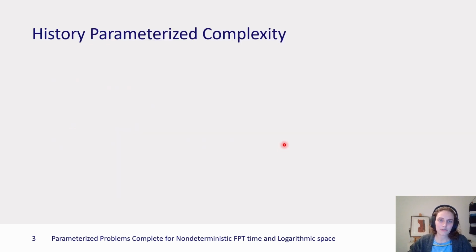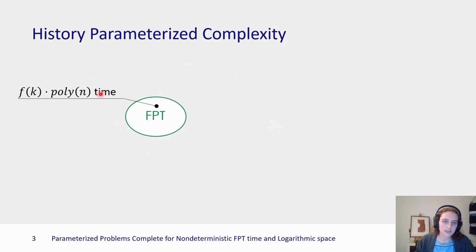Some history of parameterized complexity. So the idea of parameterized complexity is that we study problems that are NP-hard, so they're hard to solve. However, we hope that if we fix some parameter, then the problem is easier to solve. So the smaller the parameter is, the faster an algorithm for the problem should be.